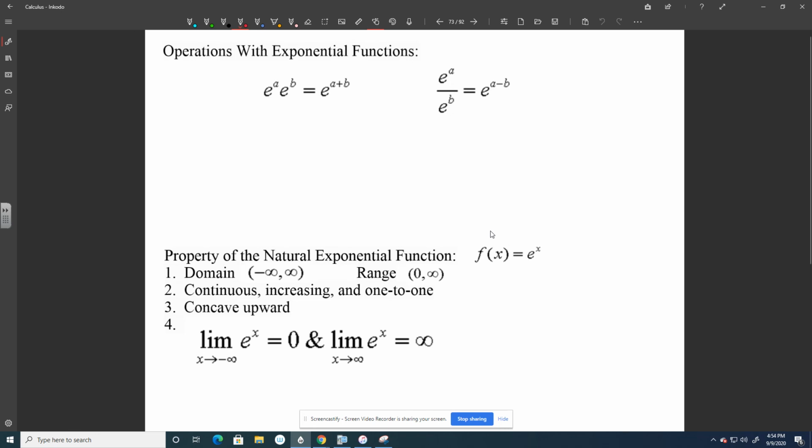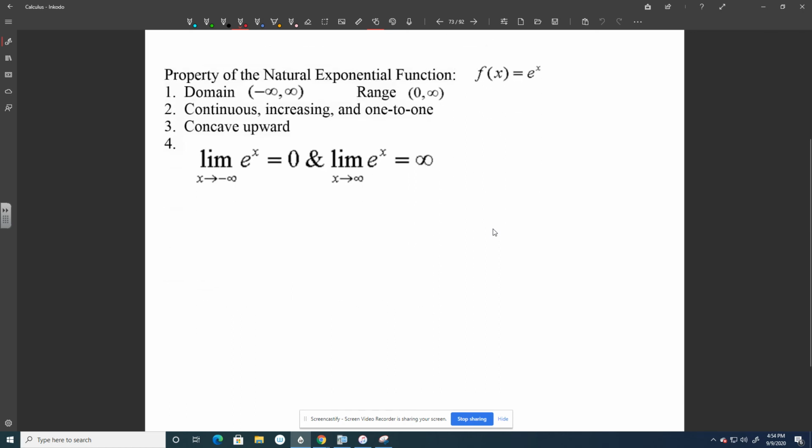Okay? So a couple reminders about our exponential functions here. If I have e to the a times e to the b, that's just e to the a plus b. And e to the a divided by e to the b is e to the a minus b. If you're looking at what the function looks like, if this is my general function, I've got an asymptote right here at y equals 0. And my function kind of goes like this. It follows this asymptote and then it shoots up.